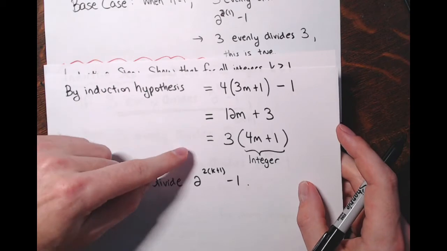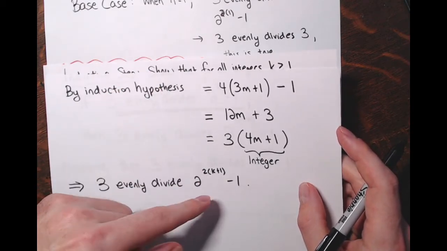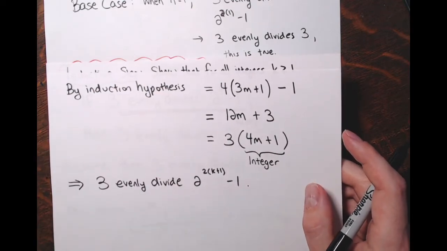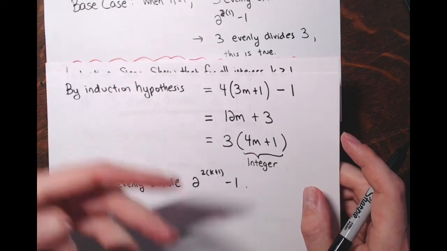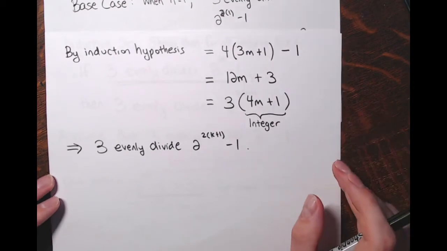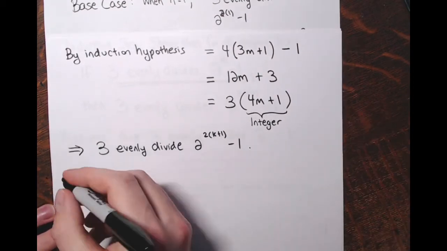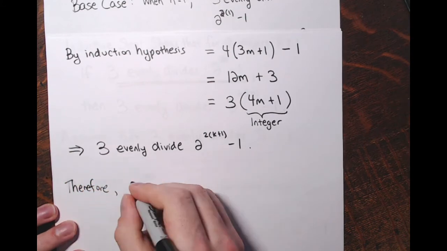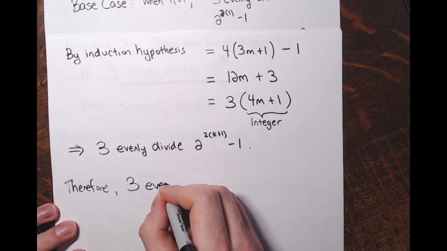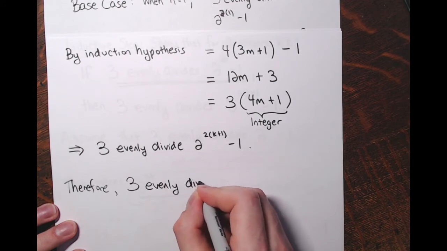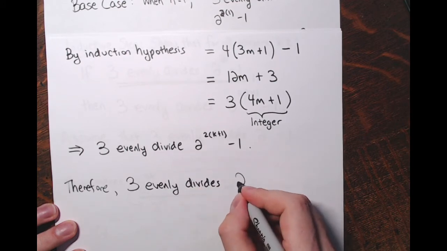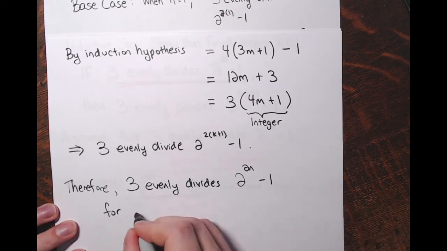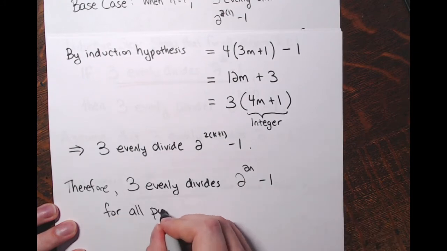Well, if it's true for 1, then this says that it's true for 2. And if it's true for 2, then this inductive step says that it's true for 3, and then it's true for 4, true for 5, true for 6, true for 7, for all positive integers. Therefore, we have now just shown that 3 evenly divides 2 to the 2n minus 1 for all positive integers n.